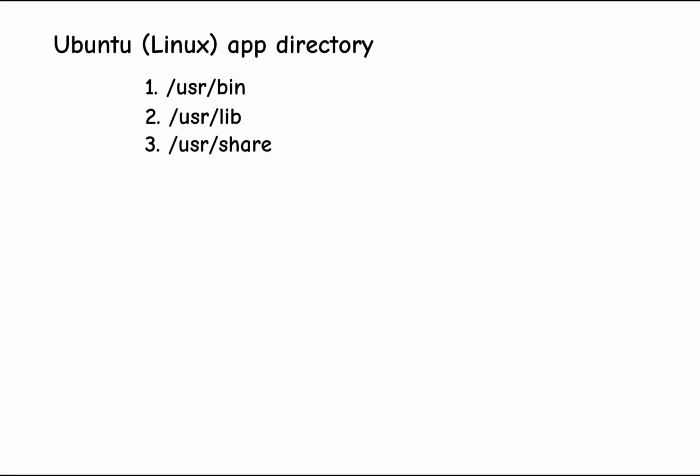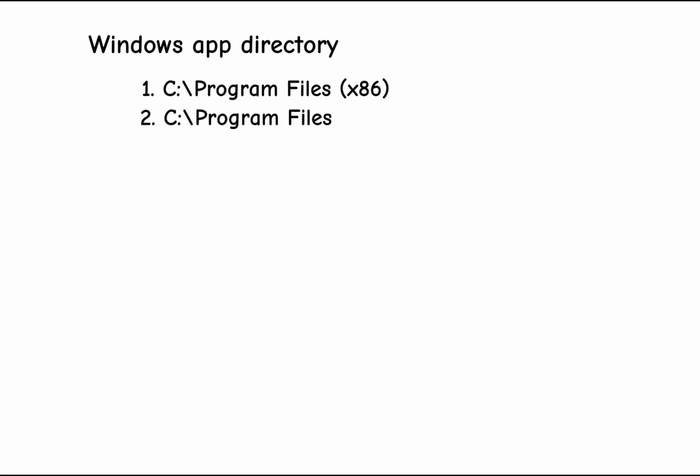For Ubuntu, it's loaded inside usr/bin or usr/share or usr/lib or many more places. In Windows, we have two places. In C drive, we have two folders: Program Files x86, where 32-bit applications are installed, and Program Files, which is for 64-bit applications. We'll go through it step by step in the operating system part.